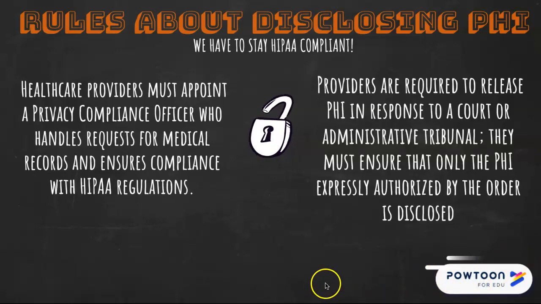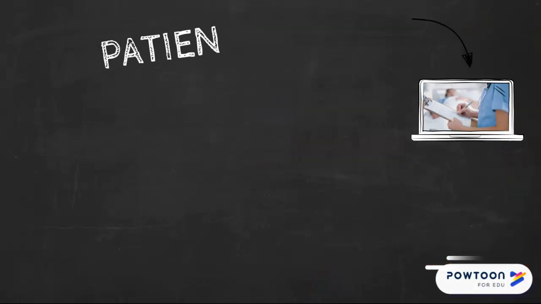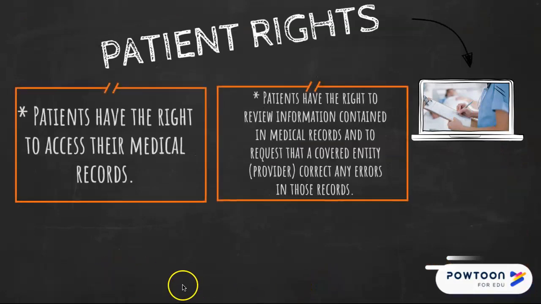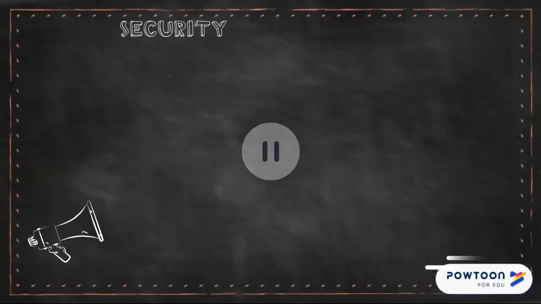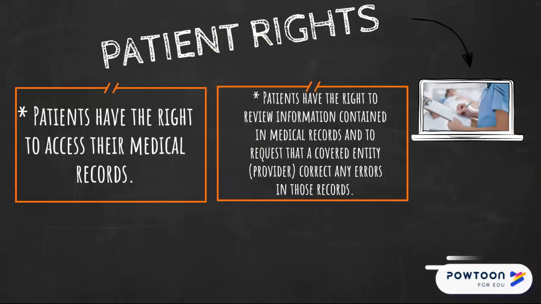Okay, so next we have our patient rights, and the patients have rights as well. They have the right to access their medical records, and they have the right to review the information that is contained in medical records and to request that a covered entity, so the provider, corrects any errors in those records.